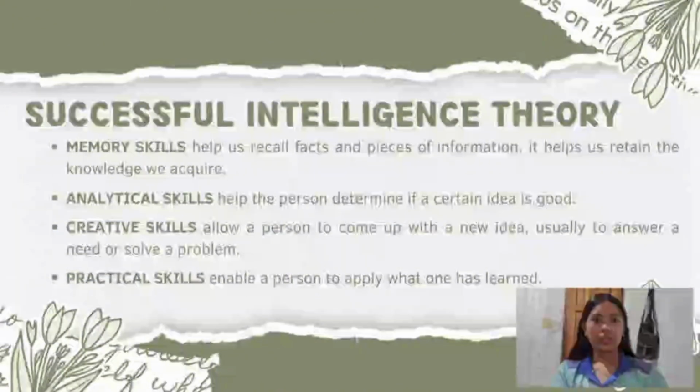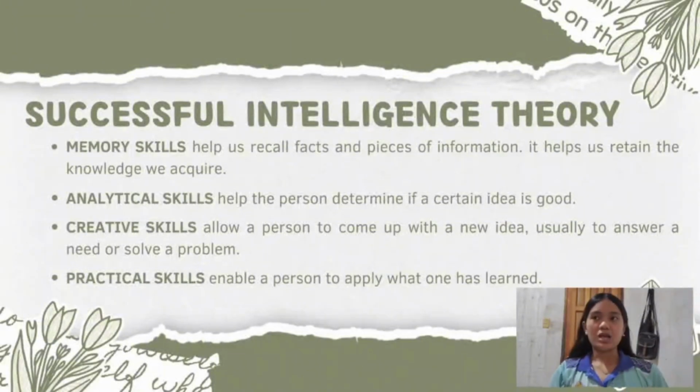The third one is creative skills. Creative skills allow a person to come up with new ideas, usually to answer a need or solve a problem. So creative skills is the ability to think outside the box, generate ideas, and find unique solutions to problems by using your imagination, curiosity, and even experimentation.